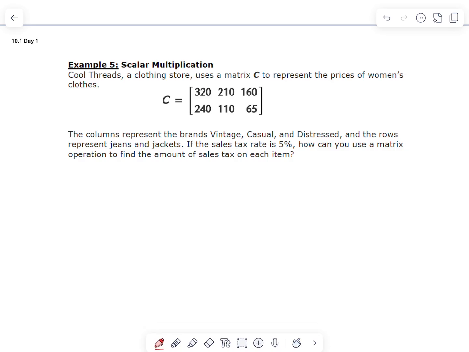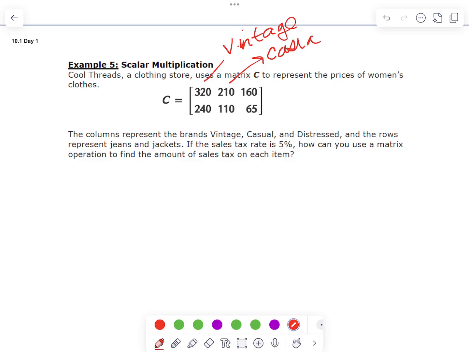So I'm just going to go ahead and label what those rows and columns represent again. In the columns, they represent vintage, casual, and distressed.